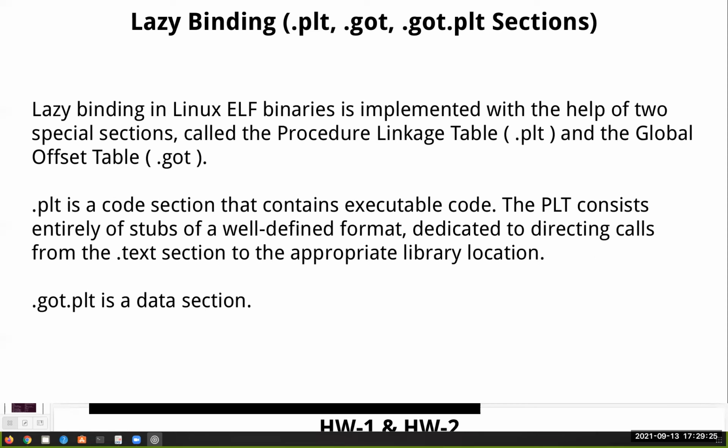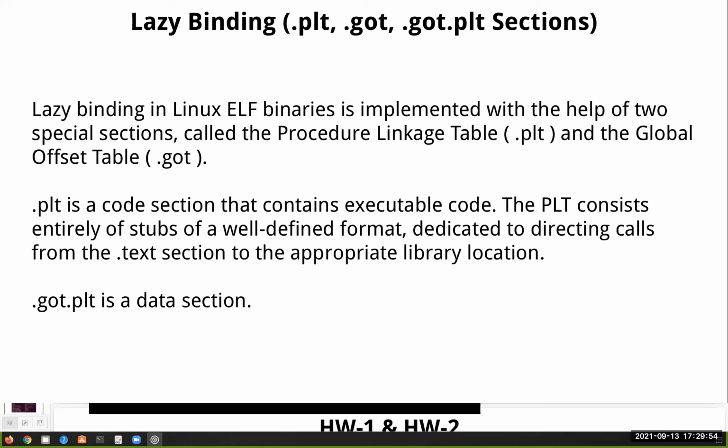In Linux and also ELF, this feature is implemented with the help of two sections. One is called the procedure linkage table, PLT. Even though this section is called a table, everything inside this table is actually instructions. So this section is actually machine code.